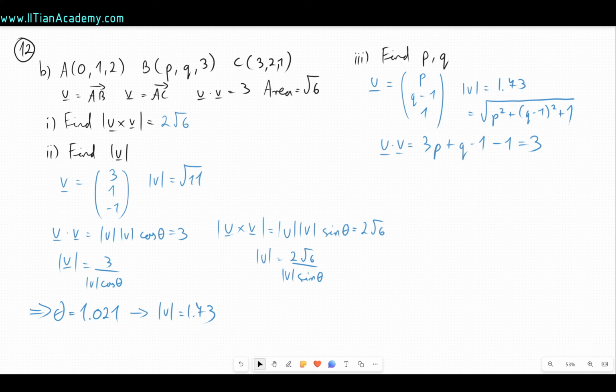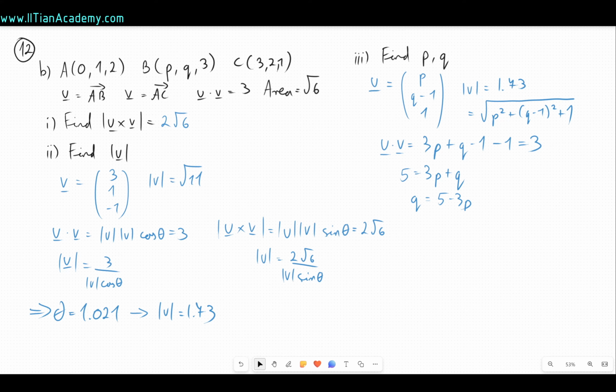So this will tell us that 3 is equal to 3p plus q minus 2. So we can actually say that 5 is equal to 3p plus q. All right, and then from this we can rearrange for one of the variables. So q is 5 minus 3p.